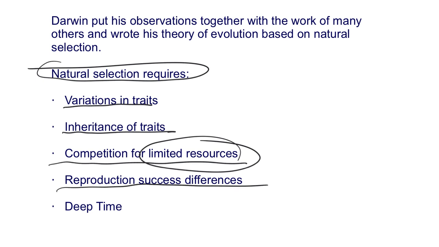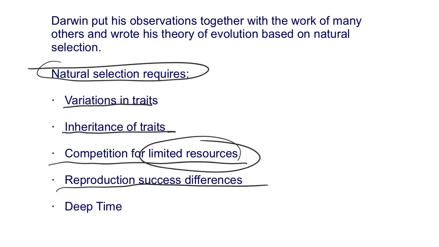So the best adaptations allow you to also, in the long run, when all is said and done, if you can't reproduce, I don't care how good your adaptation is, your genes aren't going to grow in the population gene pool.